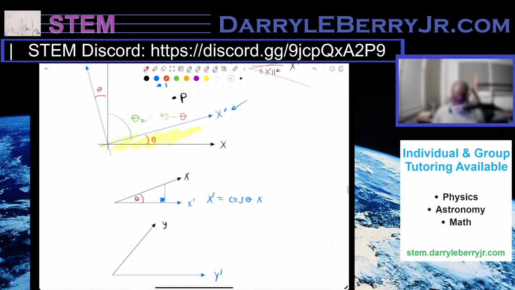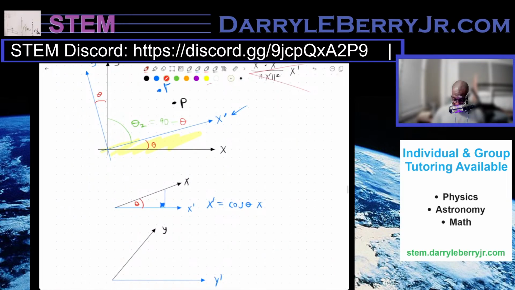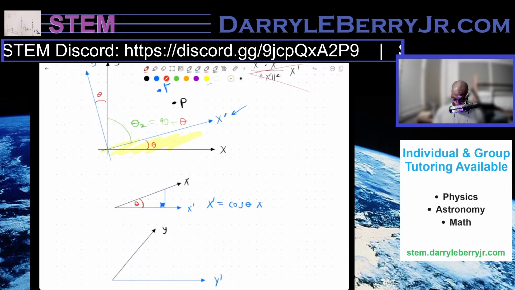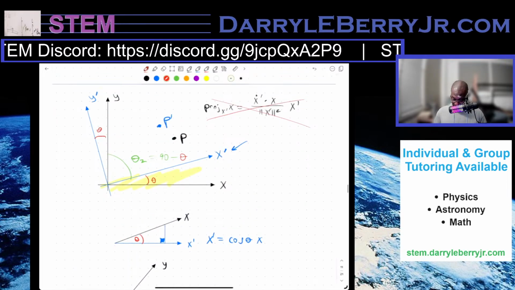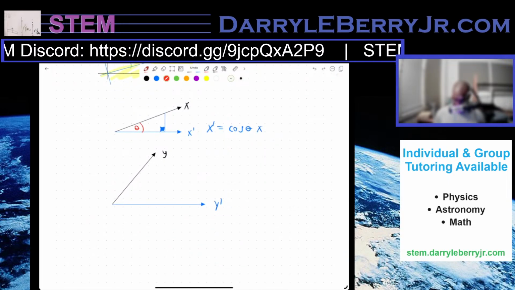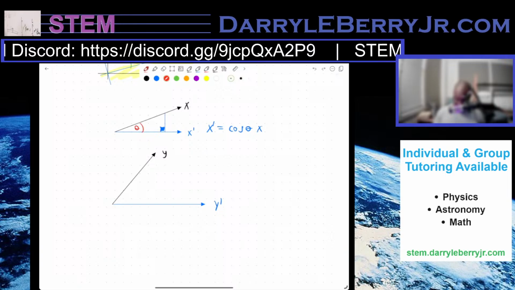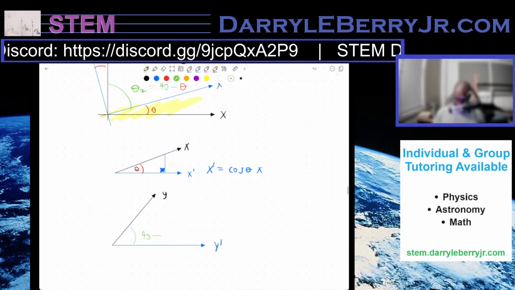Another difference is I'm projecting that onto that angle. So when I rotate it, since I'm making this y prime horizontal, we still have cosine. So now this angle here is 90 minus theta.